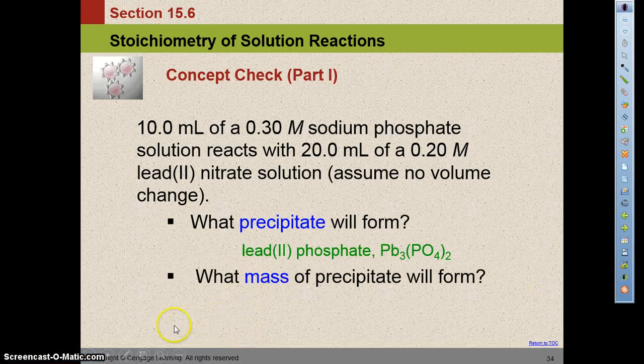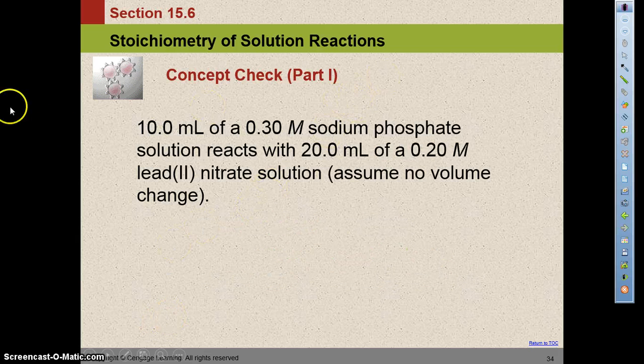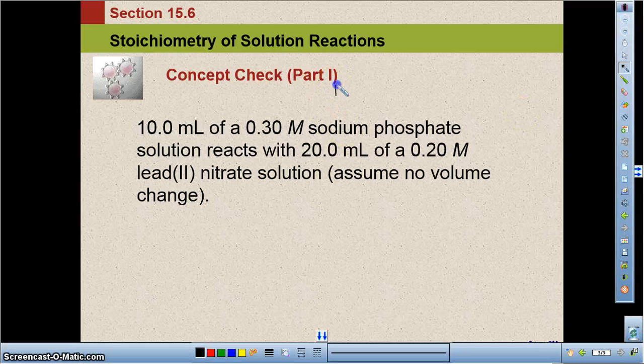Okay, so the next question is, what mass of precipitate will form? So we're going to find out what mass of Pb3(PO4)2 will form. So let's go back to our reaction and do a balanced chemical equation.